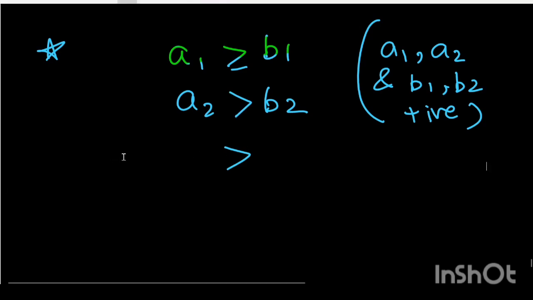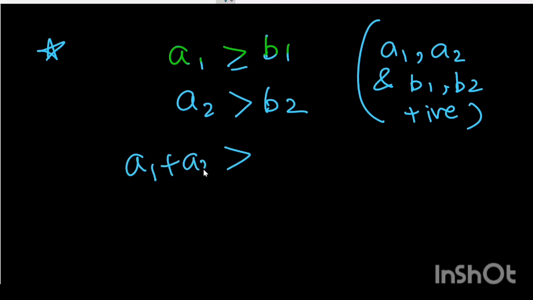So let's say we add the two inequalities. A1 gets added to A2, guys. A1 plus A2 is greater than B1 plus B2.